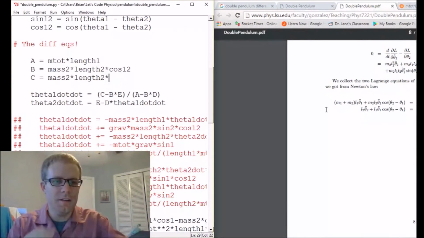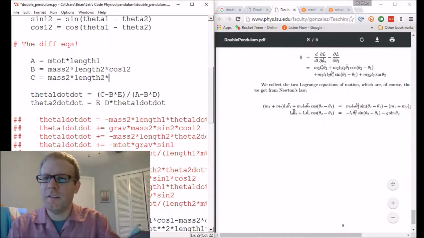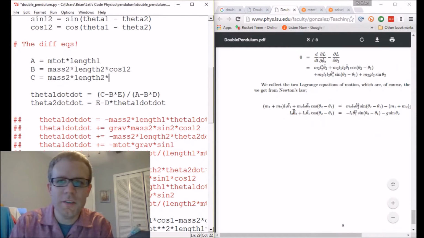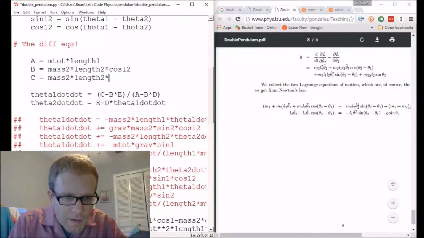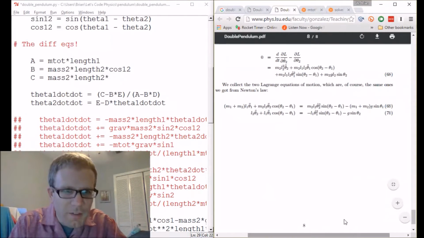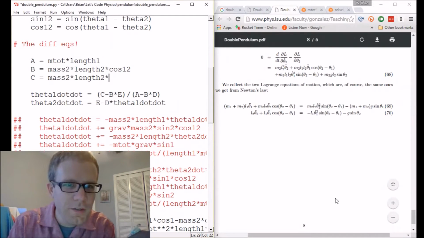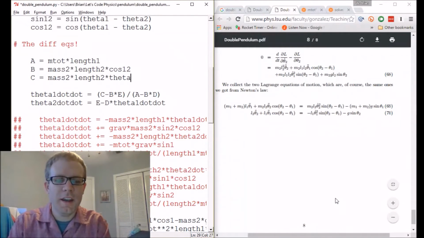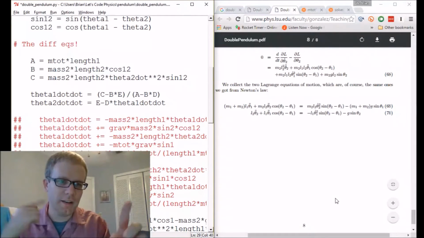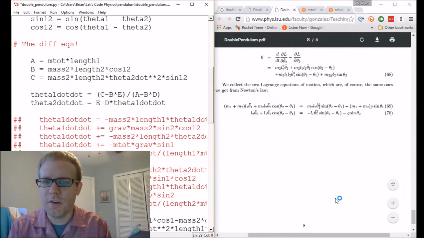there we go, make it a little visually easier. Mass 2, length 2, theta 2 dot squared times sine 1, 2. Now that's getting flipped, so I need a negative over here.